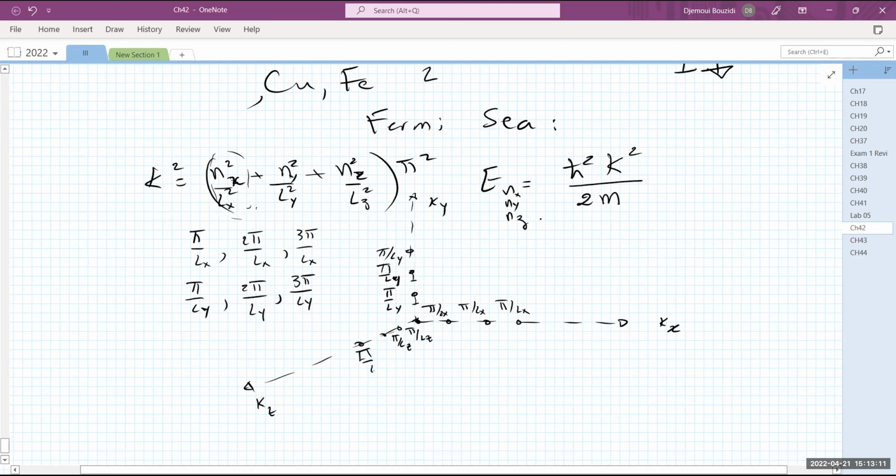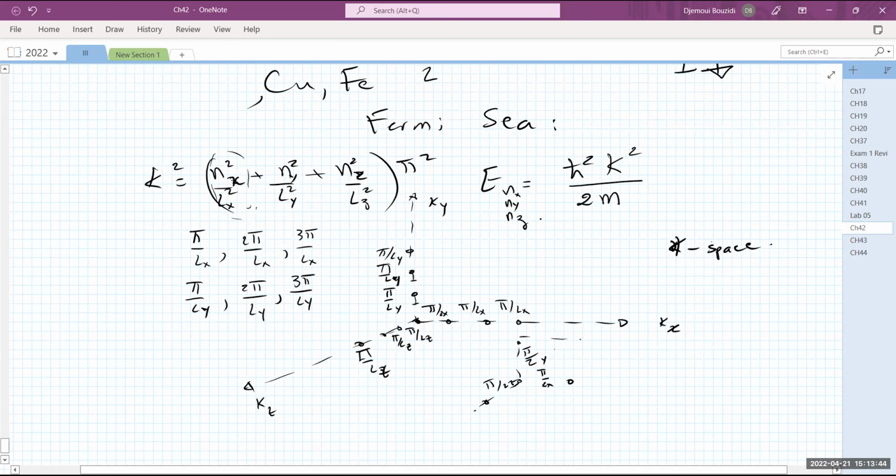And if I do this argument and follow it, basically, I can form any cube you want in the K space. So this is in the wave number space. And any cube you take in this space is going to have a side in the x direction which is pi over lx, in the z direction pi over lz, and in the y direction pi over ly.